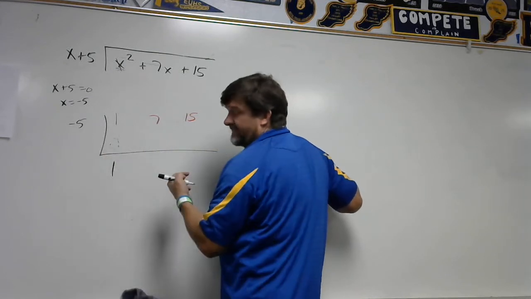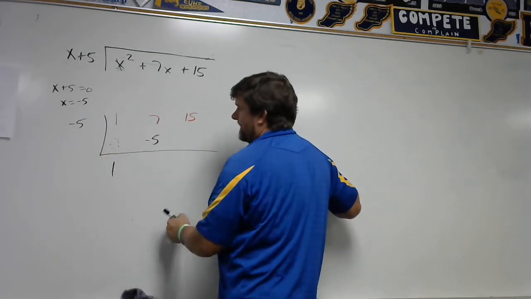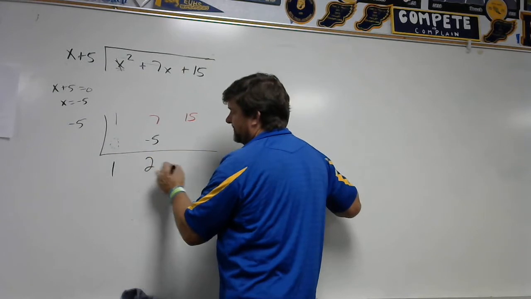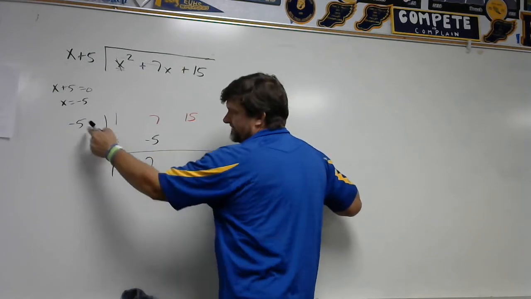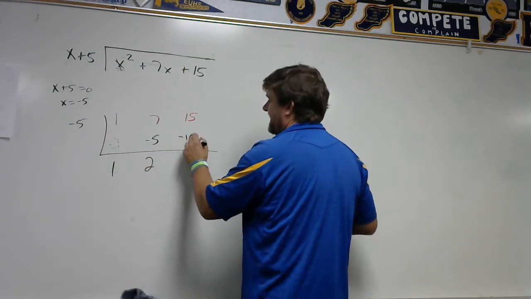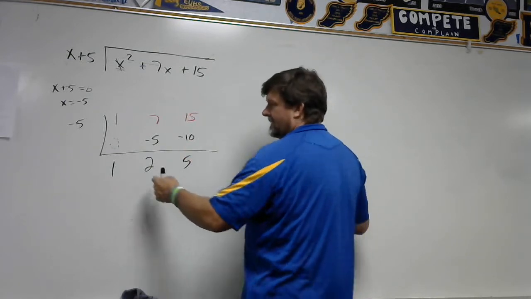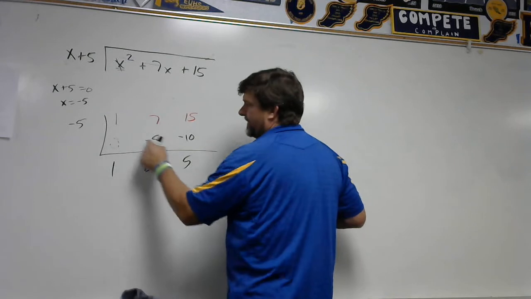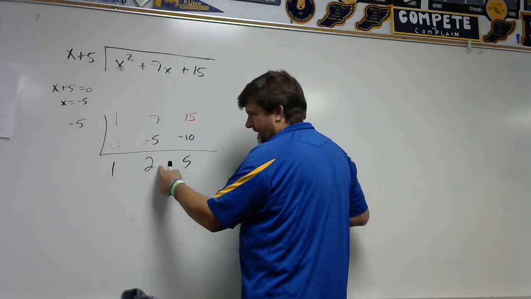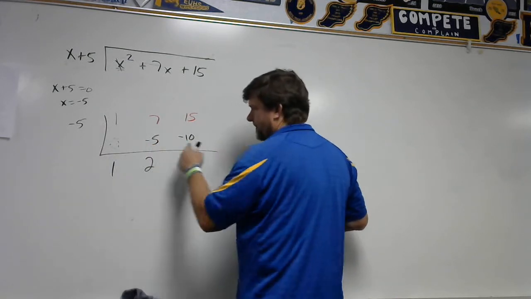1 times -5 is -5. 7 minus 5 is 2. 2 times -5 is -10. 15 minus 10 is 5. We add down the columns and we multiply, and we put it here. We add down the columns, we multiply, put it here.